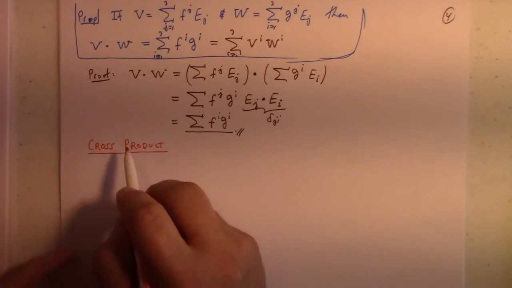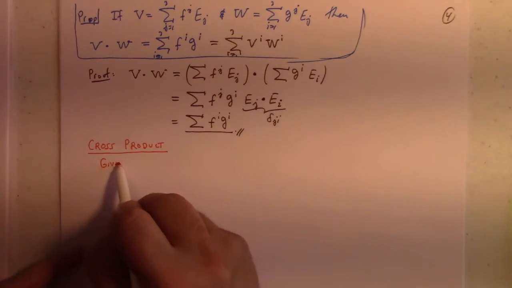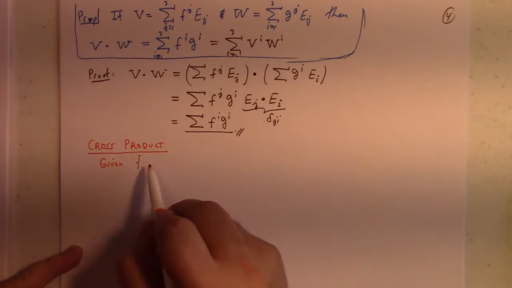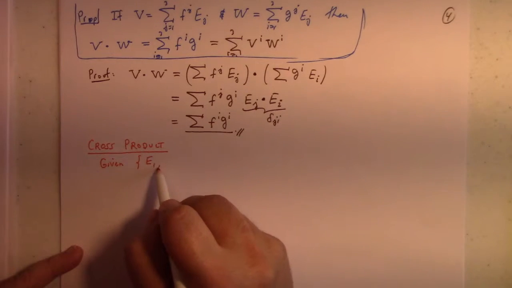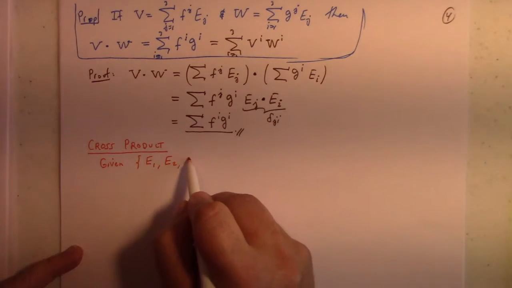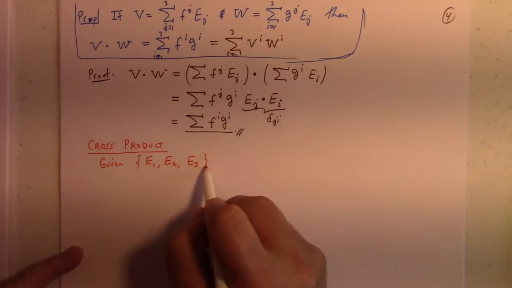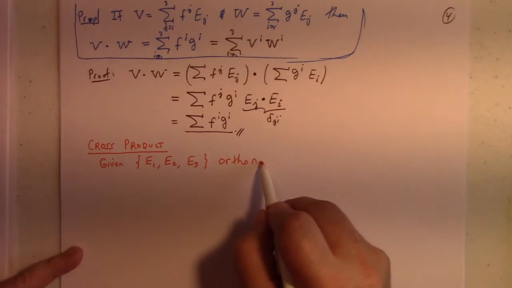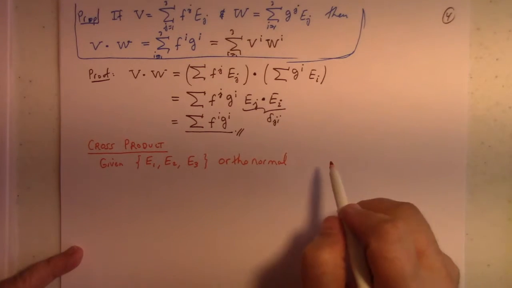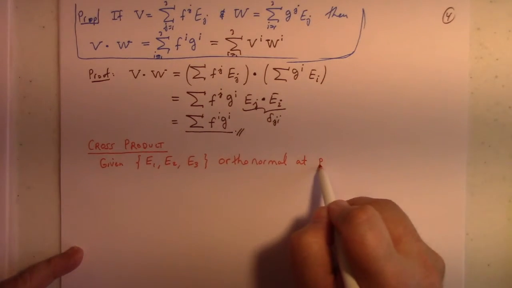Suppose we're given, and I'll keep with transitioning to using E1, E2, and E3, these are orthonormal, at P.